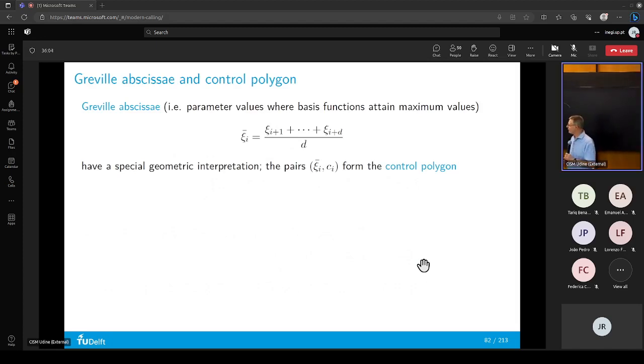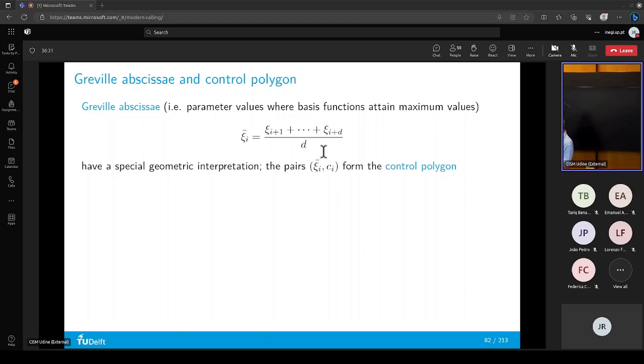One specific point. You might say, well, we have these control points, so what can we do something more? There are specific points called the Greville abscissae, which is a kind of average of a couple of consecutive knot vector entries. And the number we average depends on the degree.